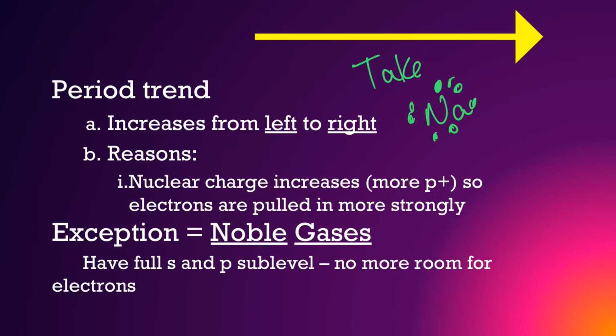So it's going to give it up a lot easier, but fluorine already has 7 valence electrons. It just needs this one space right here to be filled in order to complete its octet. So it's going to take that electron much quicker and much easier than sodium would, because sodium would need 7 and fluorine only needs 1.